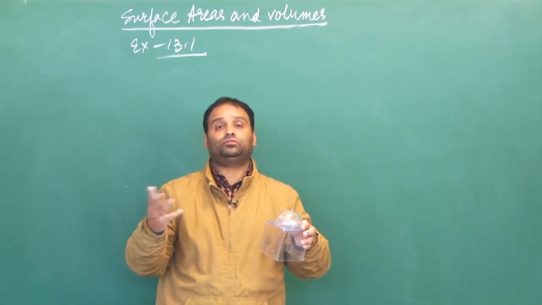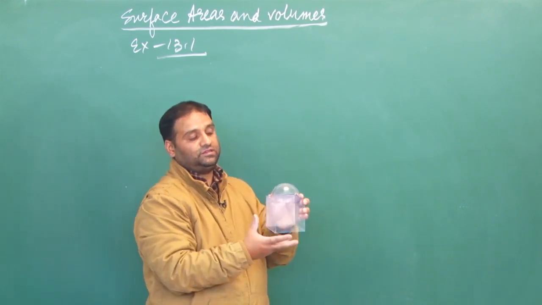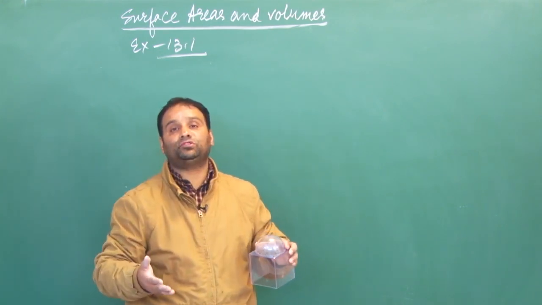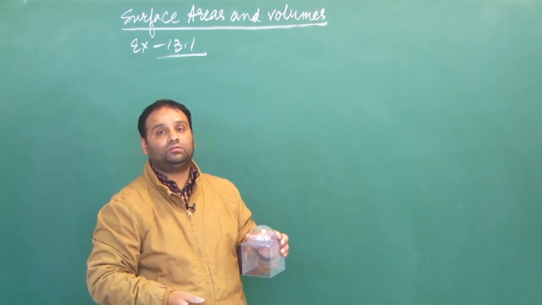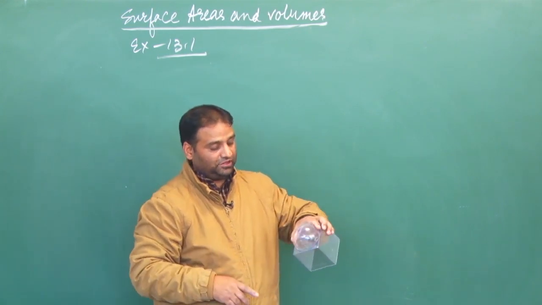So, what will be the total surface area of that solid? We can find the 5 surfaces of the cube. The 6th surface needs some sort of deduction.